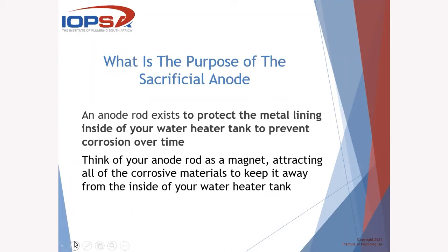So you have this rod floating in the middle of nowhere in your tank, and the water gets hot. So whatever's going to attack your cylinder is attracted to this rod. It's drawn to it magnetically, and it starts eating that. And that's what keeps it away from eating at your tank.